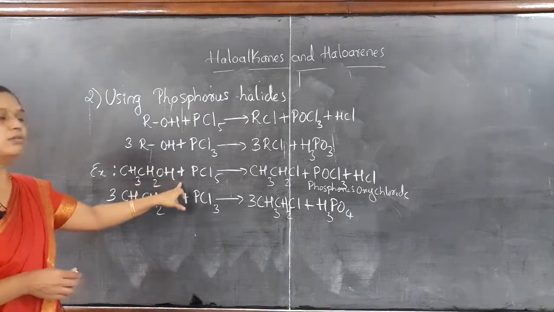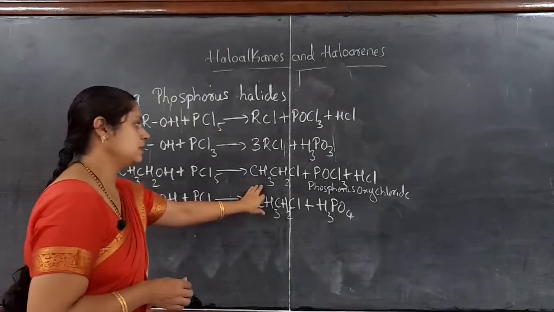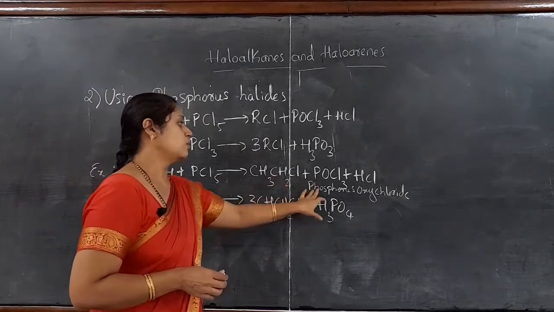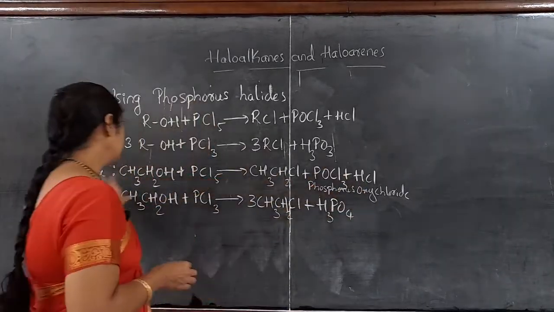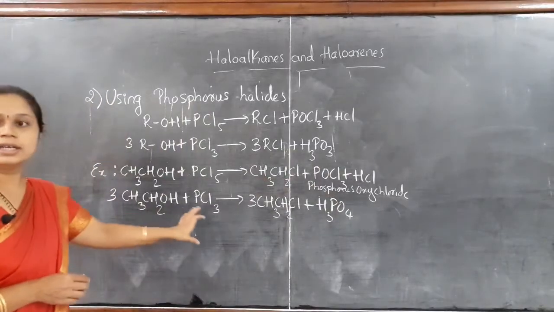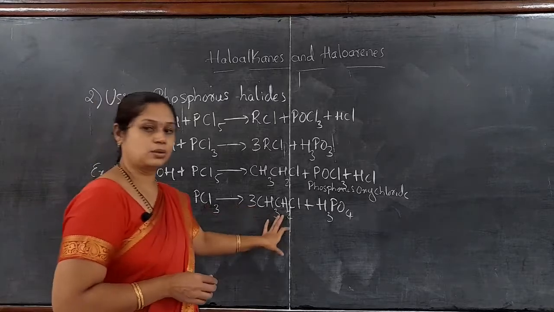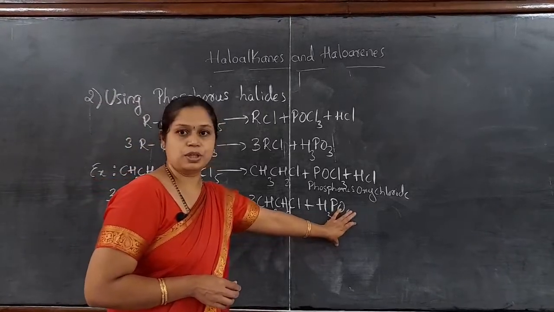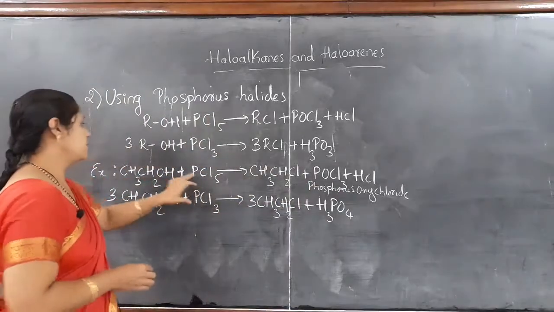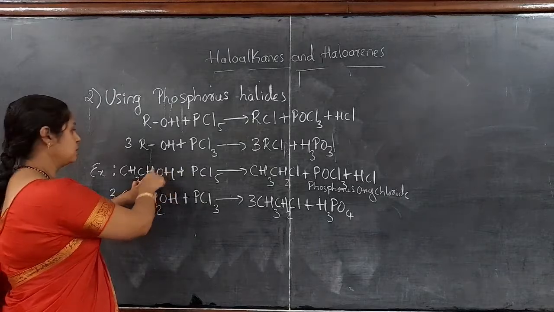Ethyl alcohol, when it reacts with phosphorus pentachloride, gives chloroethane, phosphorus oxychloride and hydrochloric acid. And when ethyl alcohol reacts with phosphorus trichloride, we get chloroethane and H3PO3 here.